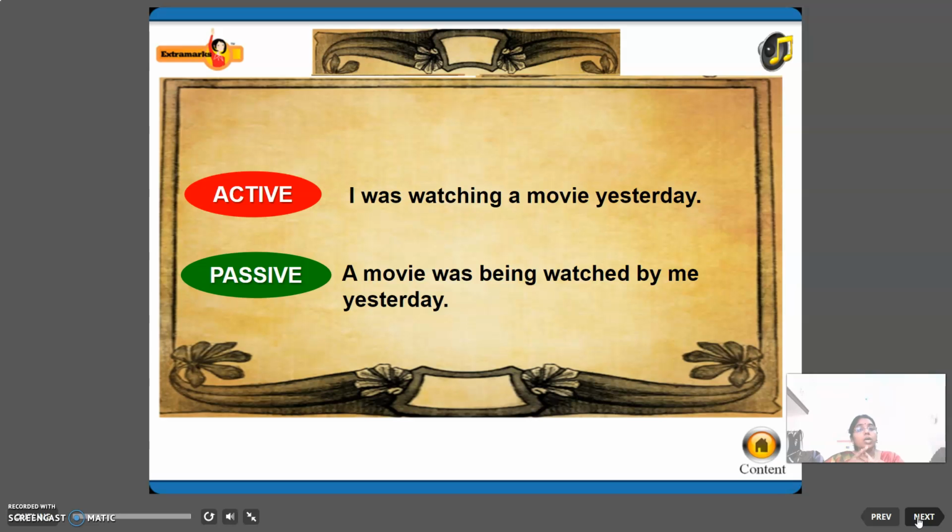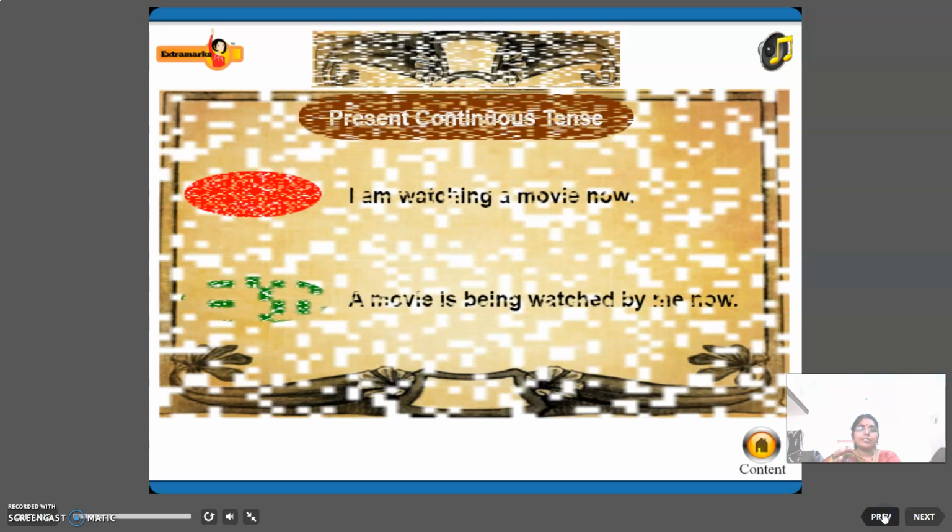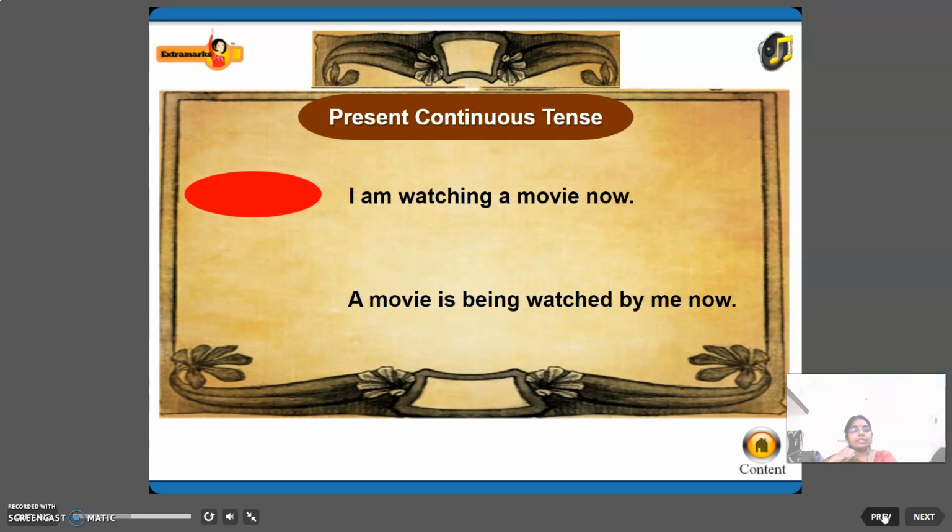Right? So what we are going to learn today is an example. I was watching a movie yesterday. This is past continuous. A movie was being watched by me yesterday. Right? So, what is it in present tense? I am watching a movie now.